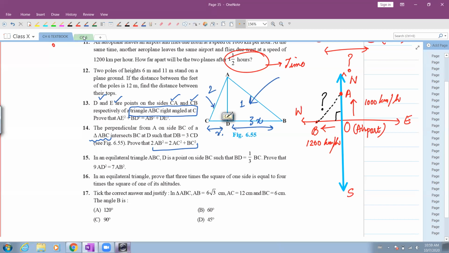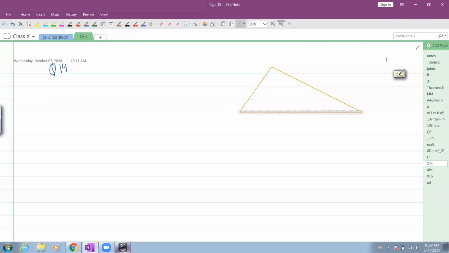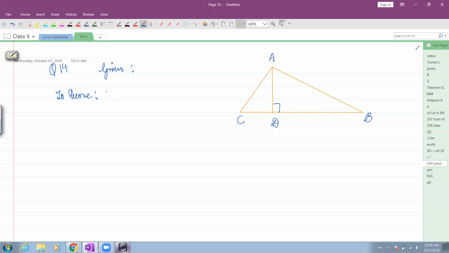Draw the diagram. Now we have just two right triangles here.